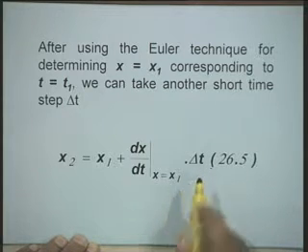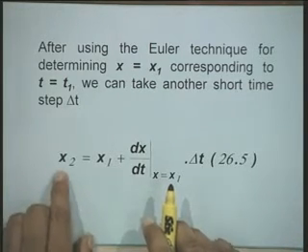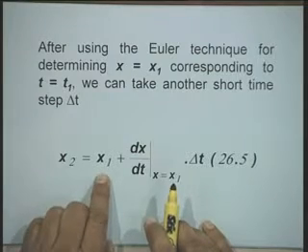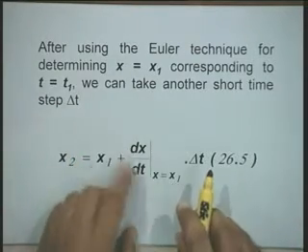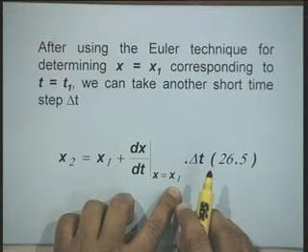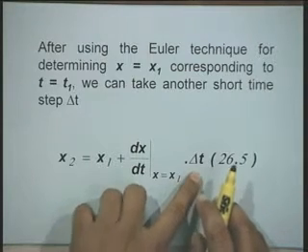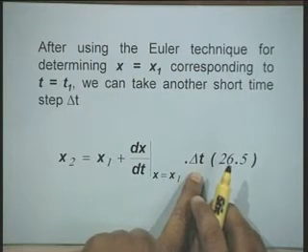The next step will be that you obtain x2 as x1, that is the value at t equal to t1, which becomes the initial value. Find the derivative at x equal to x1, and multiply by your time step delta t.